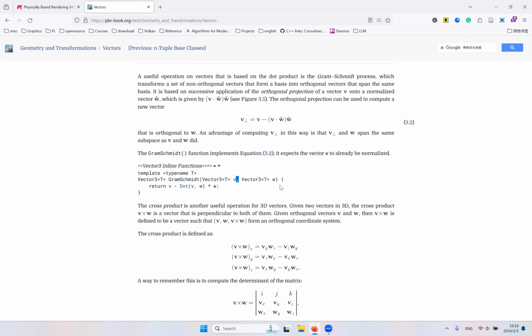We often use the cross product in shaders because we're dealing with 3D stuff. But the Gram-Schmidt process is general. It can work for whatever dimensions, but in 3D we can just use the cross product to fake it. Also, I like this function. It takes two vectors.